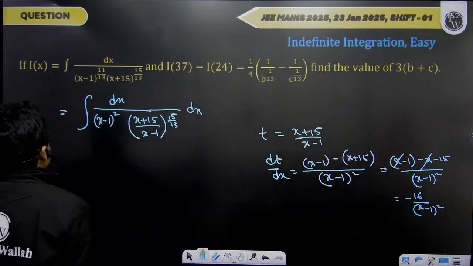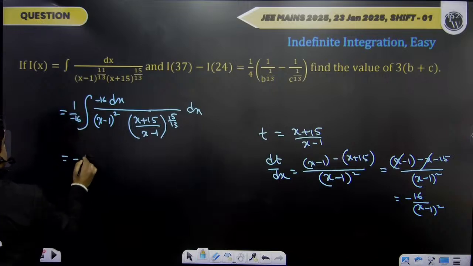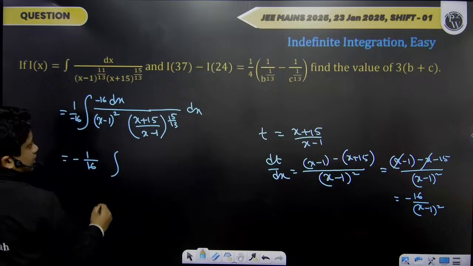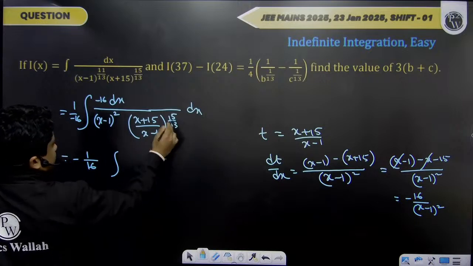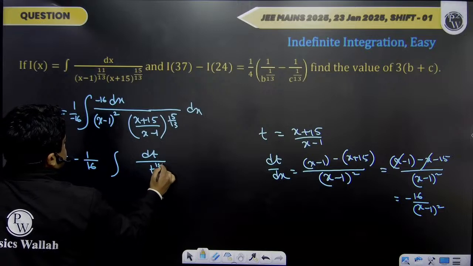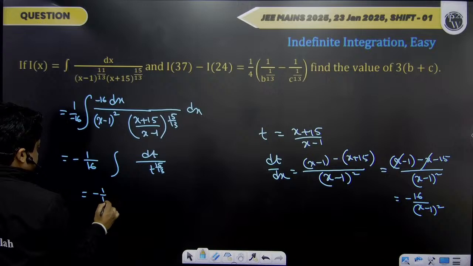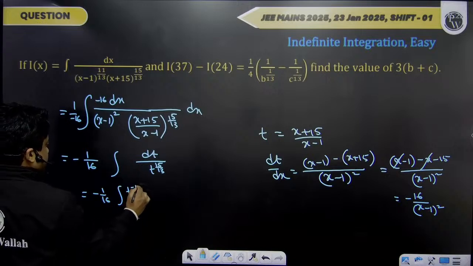So we will multiply here minus 16 and divide by minus 16. So this will be equal to minus of 1 by 16 into minus 16 by x minus 1 square dx is dt upon t power 15 by 13. This will be same as minus of 1 by 16 into t power of minus 15 by 13 dt.